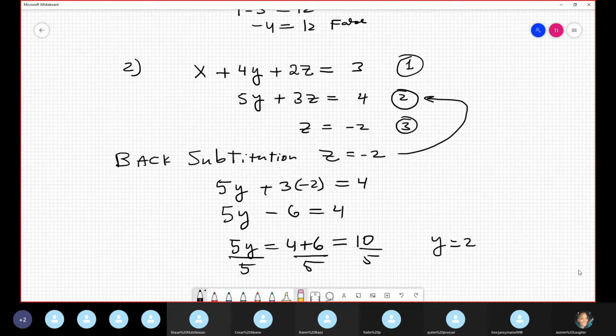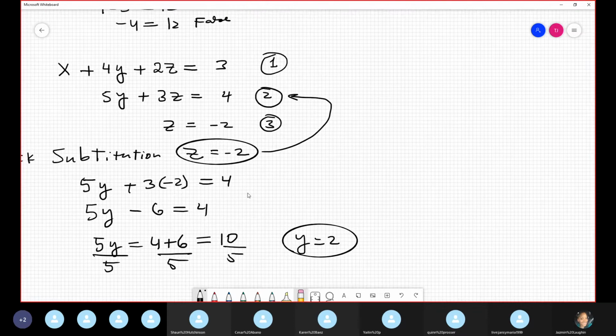And using z equal -2 and y equal +2, substitution in the last equation, in the first one, in number 1. That is x plus 4 times 2 plus 2 times -2, que es the value associated with the z, should be 3.